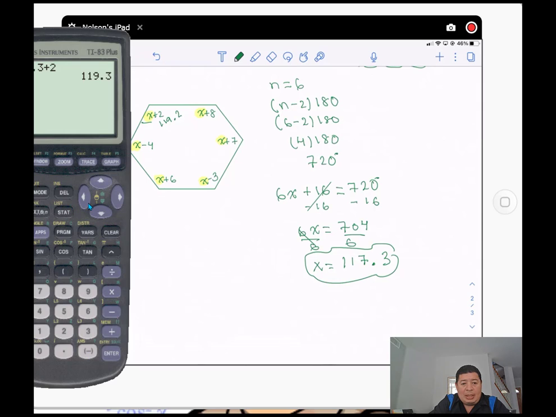Now let's go ahead and do 117.3, and add it to the number 8. And that's going to make 125.3. And we're going to repeat this process a few times.